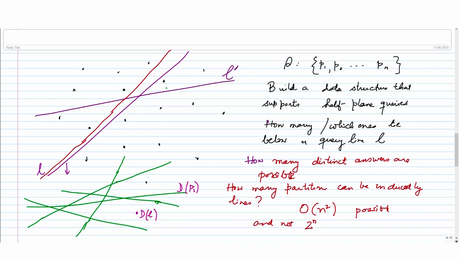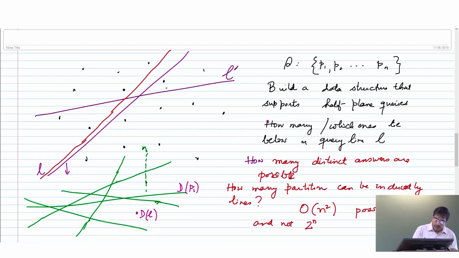So, to answer this query, I just have to shoot a ray, and all the lines that it intersects are the answer, because that is exactly the set of points that was above the line.